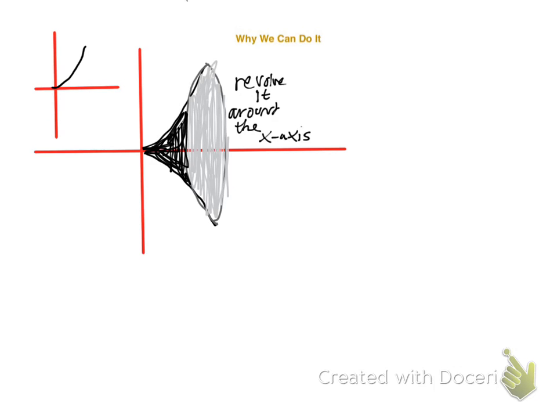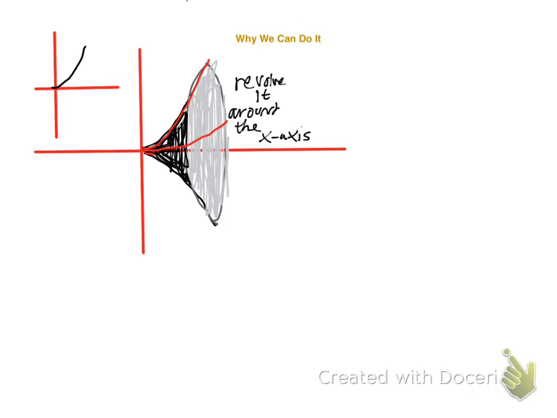It's kind of like a megaphone shape, you know, the thing that you talk into and it makes you louder. Kind of like that shape here, simply because we had our half of the parabola, and as we revolved it around the x-axis, we got a half of the parabola in the same plane as the x-axis.